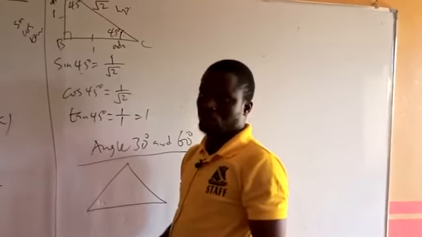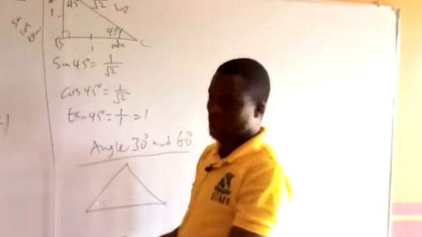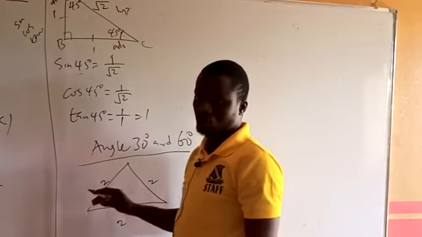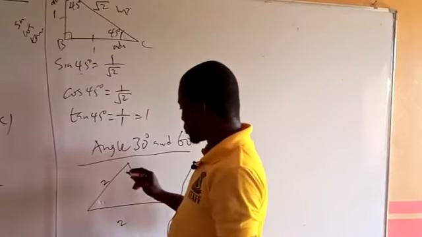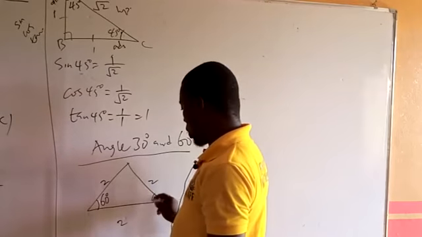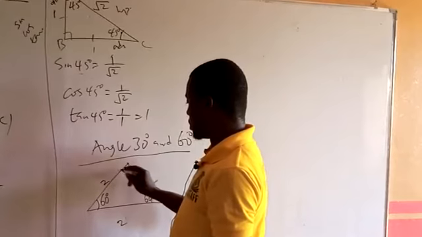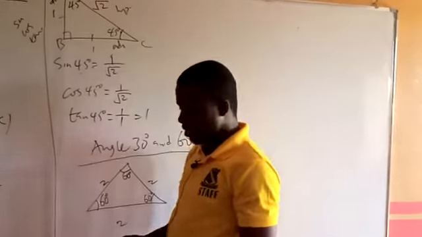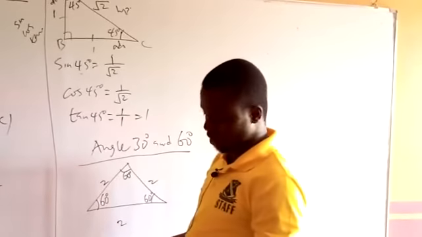In an equilateral triangle, all sides are equal. So we'll assign just one number, which is 2, 2, and 2. Don't assign any number other than 2. If all sides are equal, it means all the angles are also equal. So here is 60, here is 60, and 60 plus 60 plus 60 gives you 180 degrees, the sum of angles in a triangle. Are you getting it?